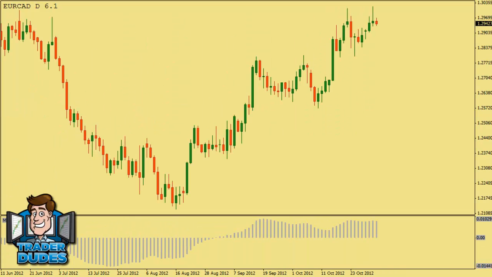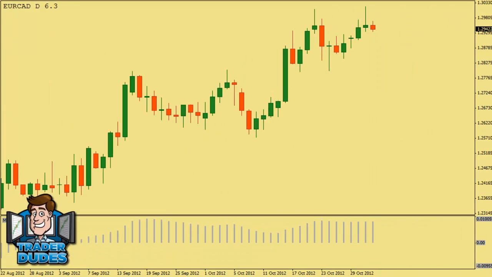If you look from this high here along here, like I said, it's hard to see, but we're getting sort of two levels of divergence here. Now, okay, we've just broken the previous high, like I said, with the current pin bar.